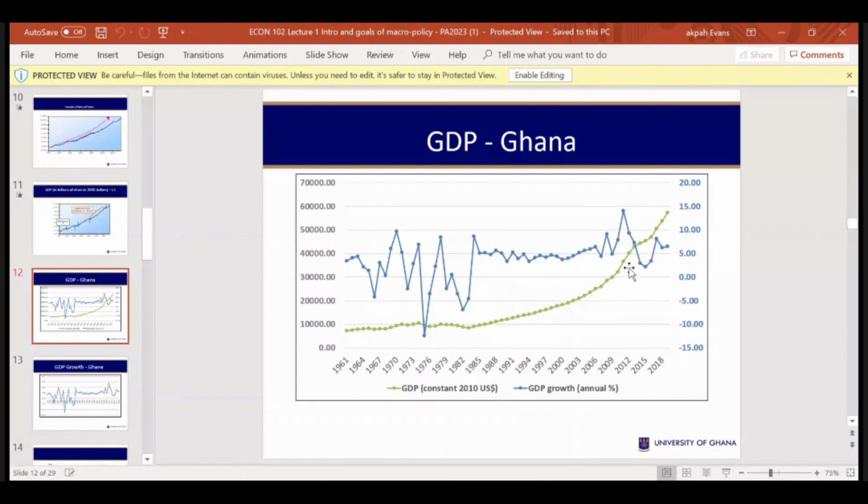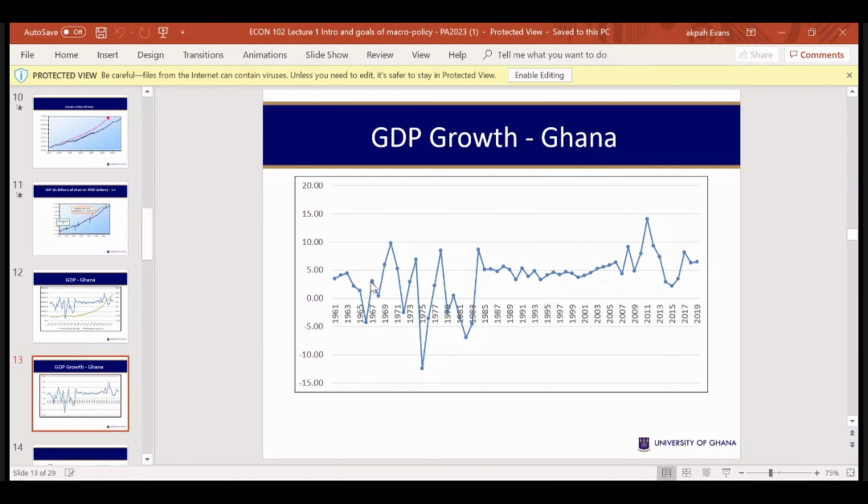The same thing has been put in a different way, just the GDP growth rate of Ghana. And this, you can see it clearly. The highest negative GDP growth rate was in 1975.